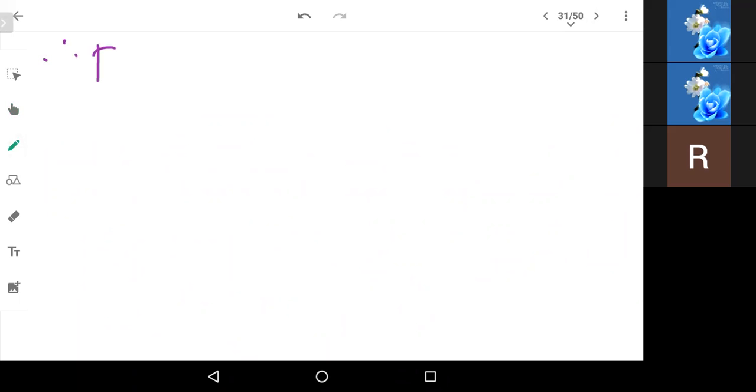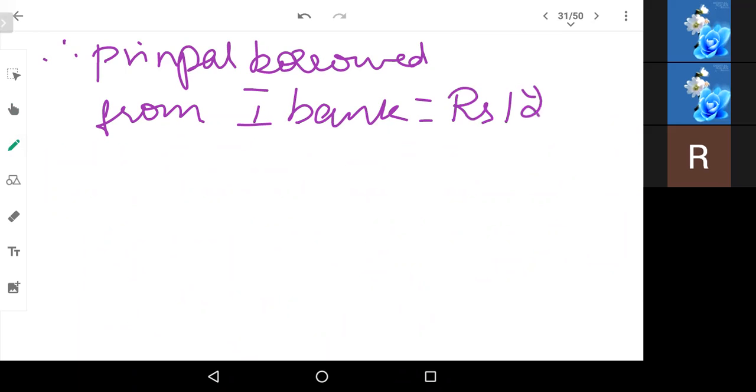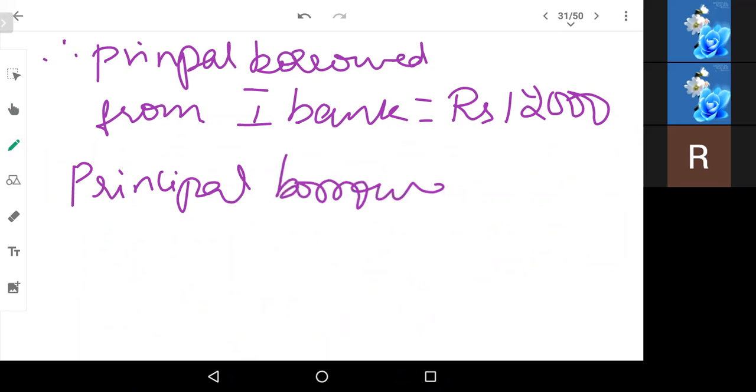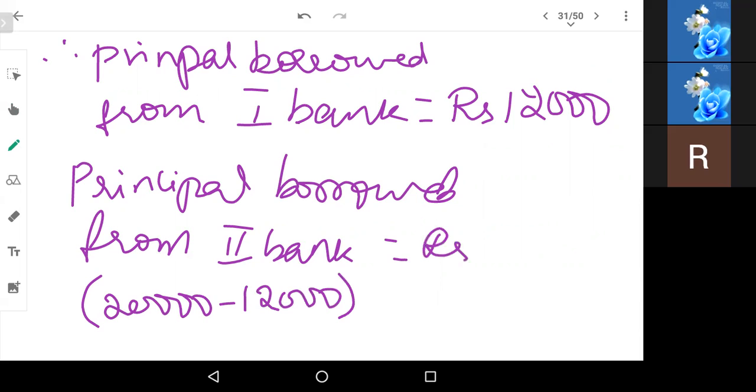Therefore, principal borrowed from first bank is equal to rupees 12,000. Principal borrowed from second bank is 20,000 minus 12,000, which is rupees 8,000.